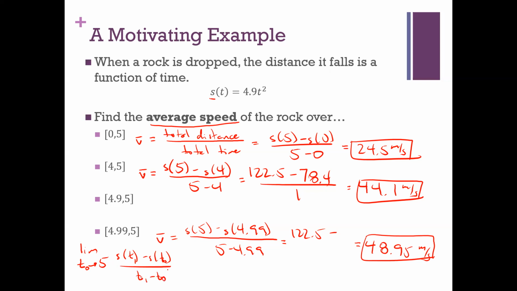So t1 is equal to 5. If I could get t1 and t0 to both be 5 and actually get a number off of that, that'd be perfect. I would be able to get the exact speed. That is not something you can do with the tools you have now, but that's something we're building up to.